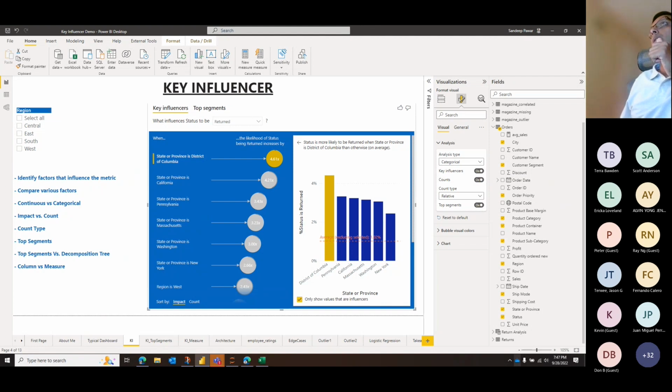We are not interested in predicting 0 or 1. What we are interested in is the categorical aspect of it. And that's where you would tell the influencer visual, instead of treating this as 0 and 1 numbers, treat it as a categorical variable.